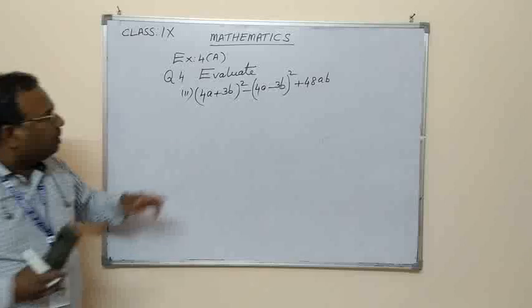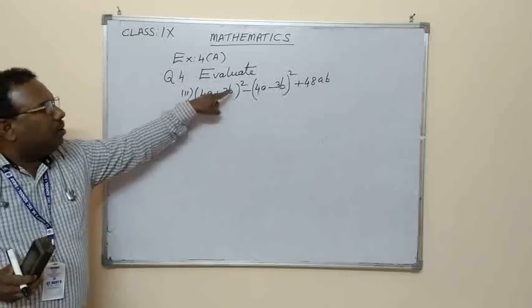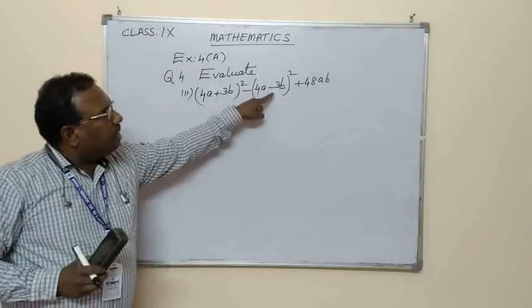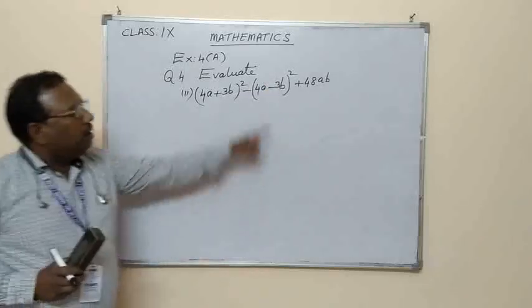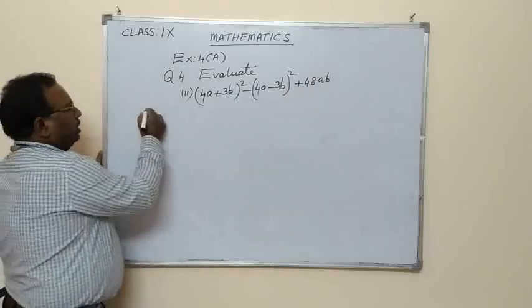Please look at the question. Evaluate (4a plus 3b) whole square minus (4a minus 3b) whole square plus 48ab. Solution.